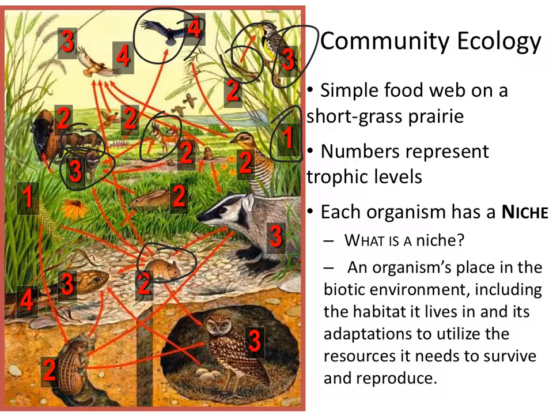This is a fairly simple community, but if you went to, let's say, the lowland tropics in South America, there's a lot more individual types of animals and plants, and the interactions that are going on there are much more complex as well. So communities can be really simple or very complex or anywhere in between.